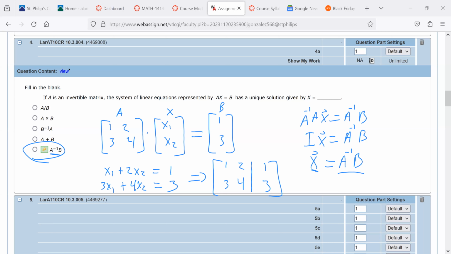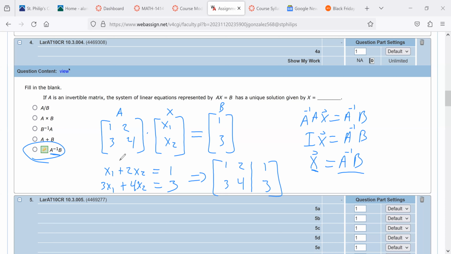Basically, they're rewriting your system of equations as a matrix equation. That's all we're doing, because if you multiply these two matrices, you get back to here. It's just another way to think about it. This formula says that if you were to solve it in general, you can create your own formula.